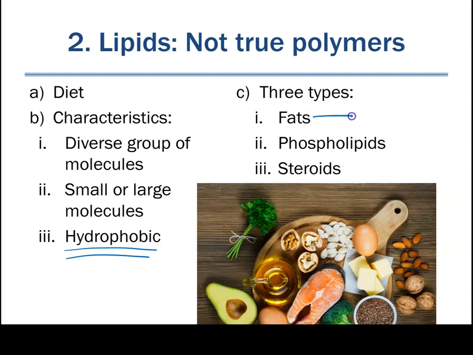So the ones that you know of are fats. So common fats in our diet are olive oil or vegetable oil, canola oil, things like that. There are fats in some of our meats and what we would consider proteins.